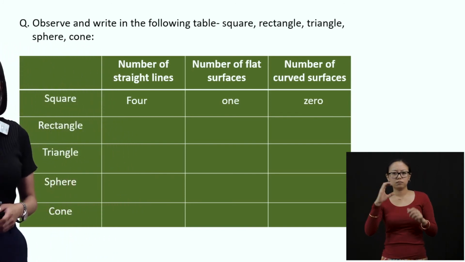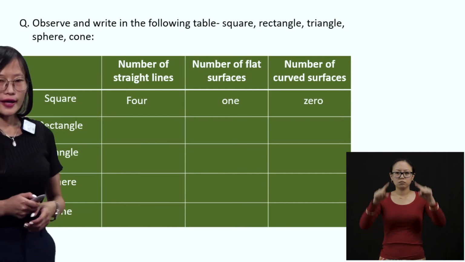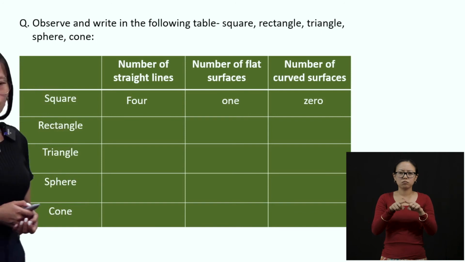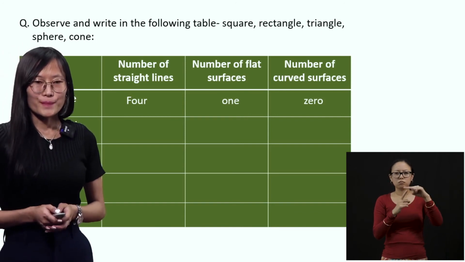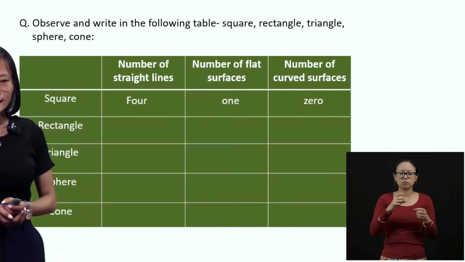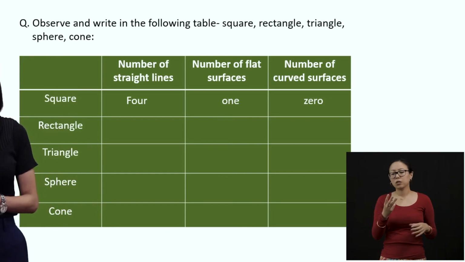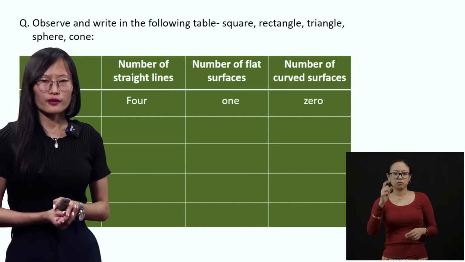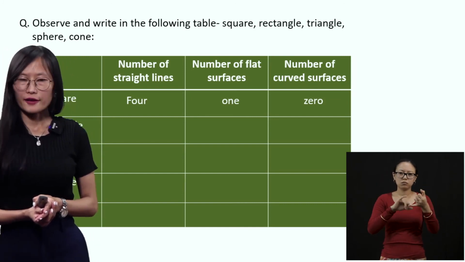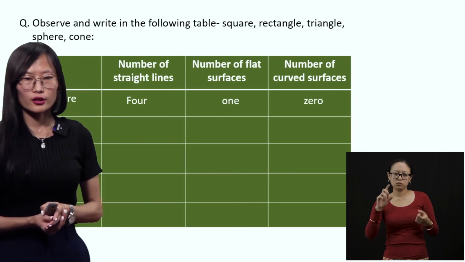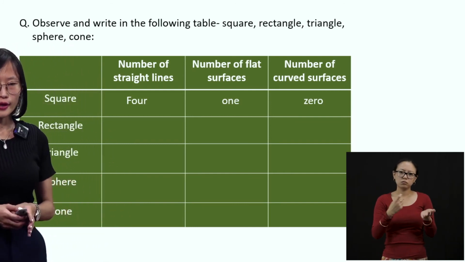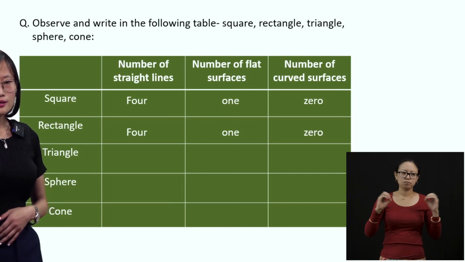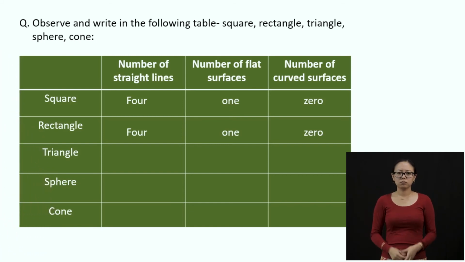Now the next one is rectangle. How many straight lines do you see in a rectangle? Is it 4? Yes, a rectangle has 4 straight lines. Number of flat surfaces, 1 again. And number of curved surfaces? It doesn't have any curved surface. It has only 4 straight lines, so this will be 0 again. So 4, 1, and 0. Now triangle.